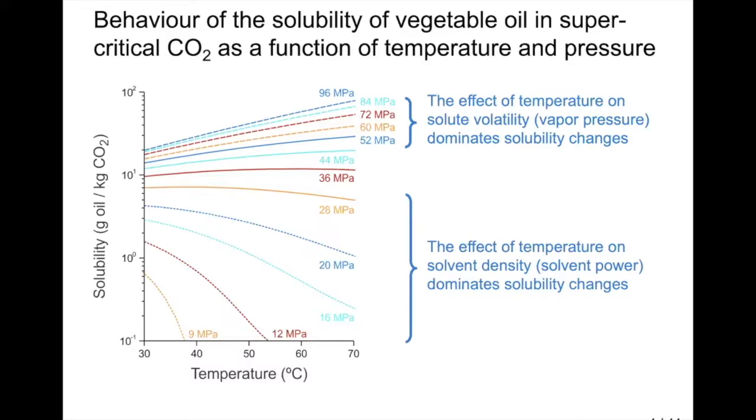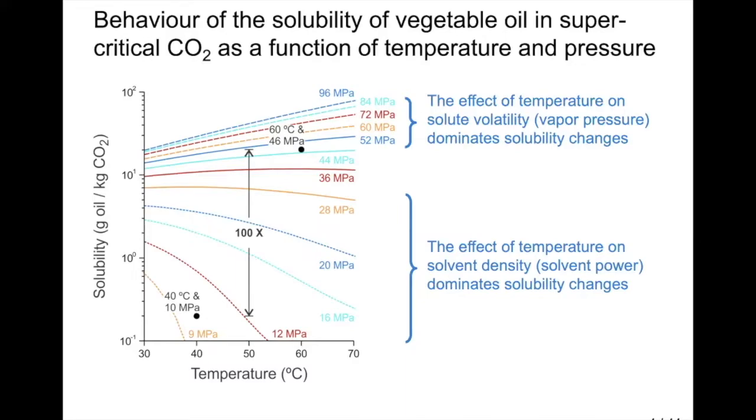Below the crossover pressure, the solubility of the oil diminishes because of the reduction in the density and solvent power of the CO2. When going from typical extraction conditions at 60 degrees Celsius and 460 bar, where oil solubility is about 10 grams of oil per kilogram of CO2, to a typical separation condition of 40 degrees Celsius and 100 bar, the solubility diminishes 2 orders of magnitude.